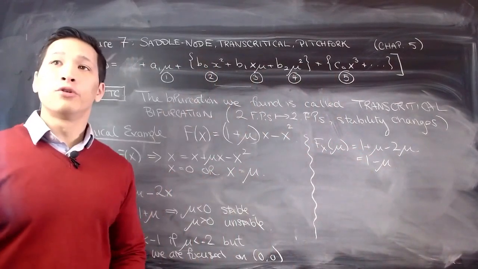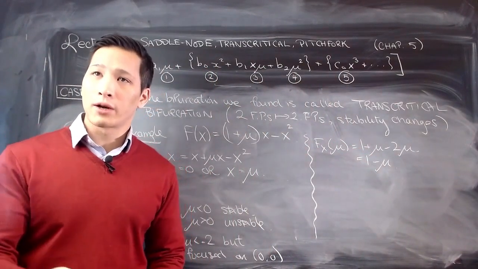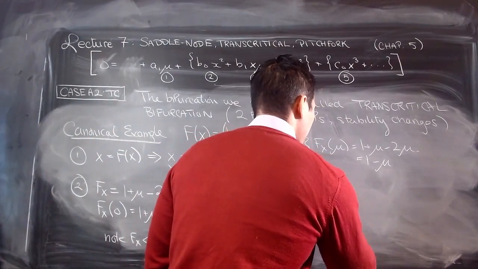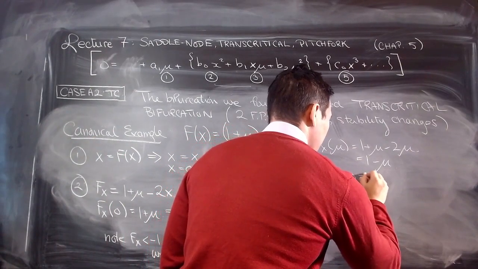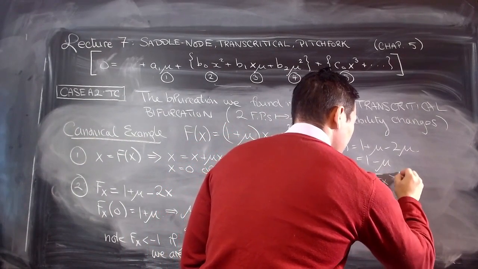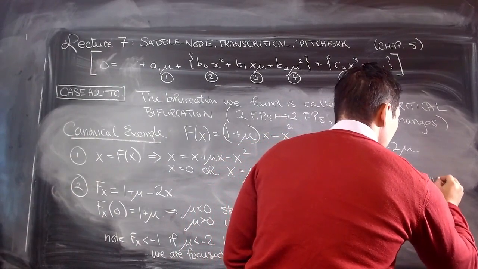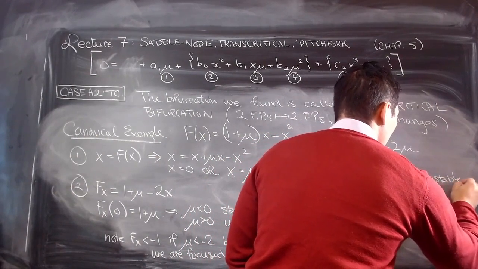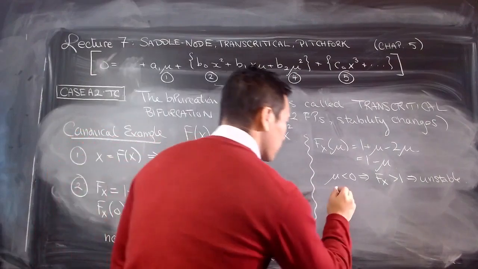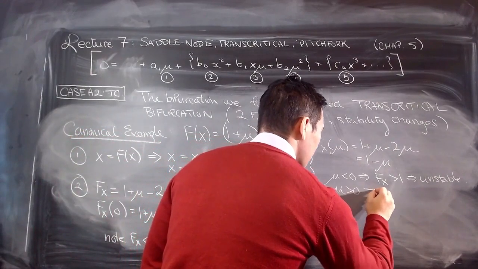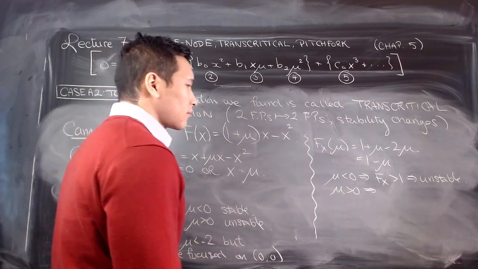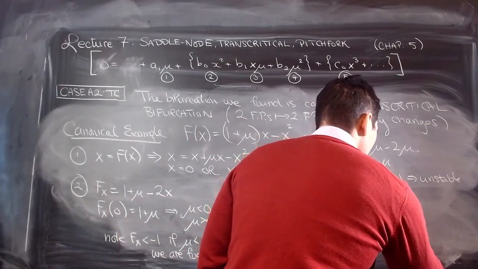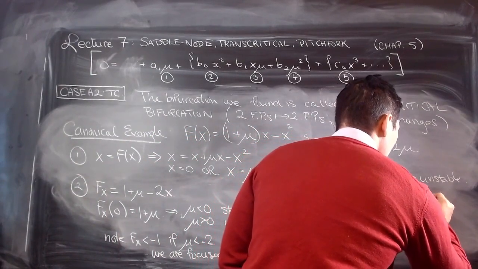Okay, so if mu is less than 0, that's greater than 1. So that's unstable. Okay, if mu is greater than 0, then f_x is less than 1. So it's stable.